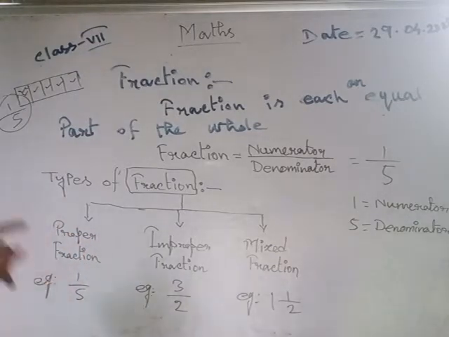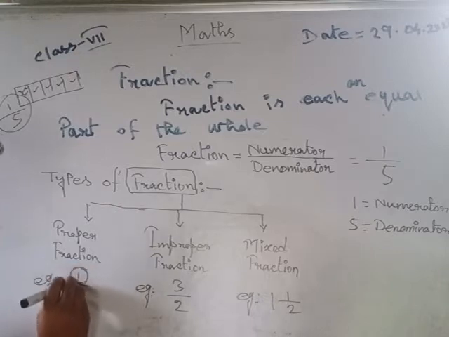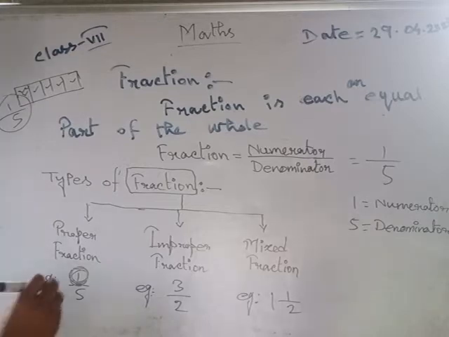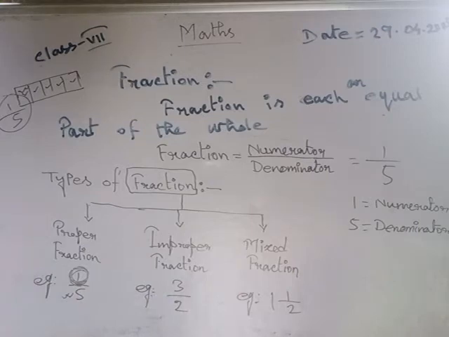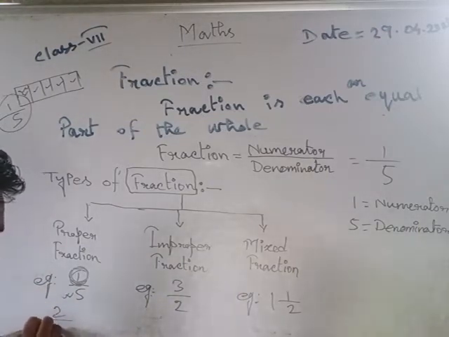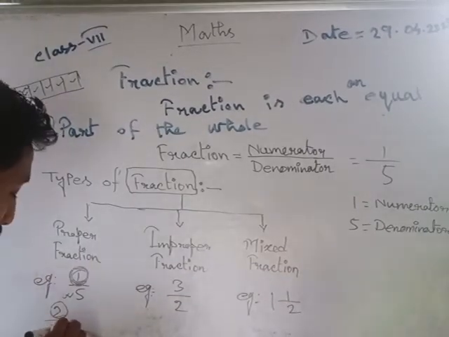If the numerator is smaller than the denominator, it is called a proper fraction. That means every time the upper portion of the fraction, the numerator, is always smaller than the denominator. That is called the proper fraction.